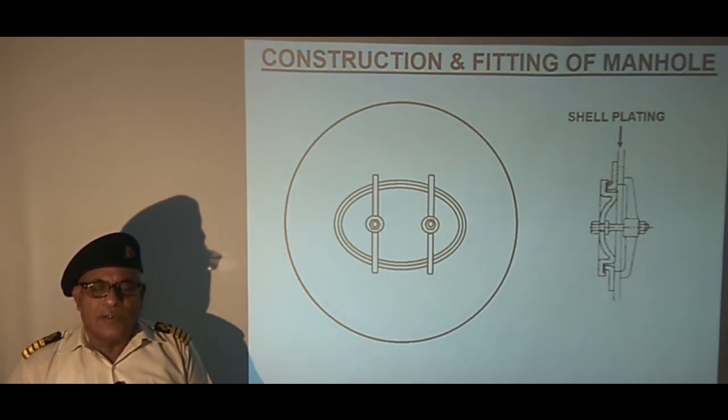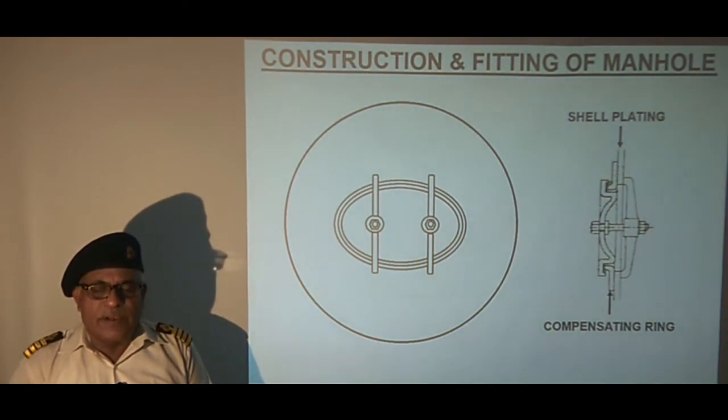A hole is cut in the shell plating to provide the manhole. Cutting of hole results in loss of strength of the shell plating, which is compensated by attaching a compensating ring by welding, which provides the seating face for the door.